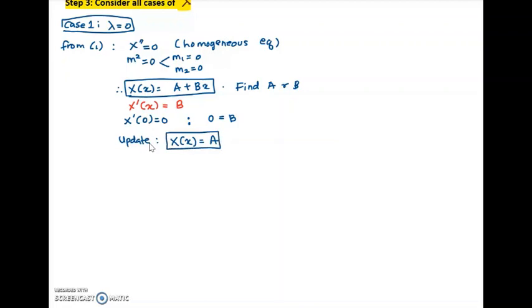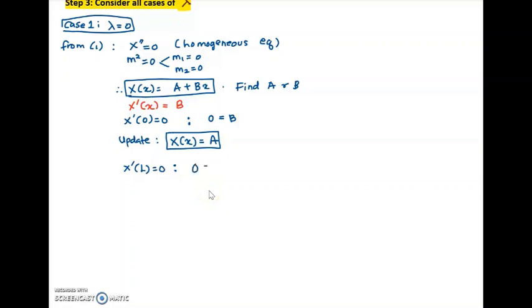Now let's try to get the a. Your second boundary condition says that x prime of L equals 0. Based on the updated solution, you can see that x prime is now 0. So if you want to use this boundary condition, at the left-hand side it is 0 because x prime of L equals 0.